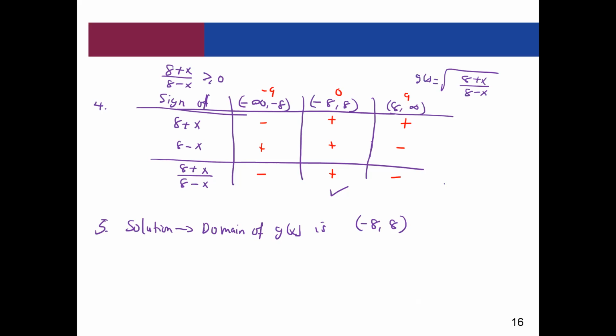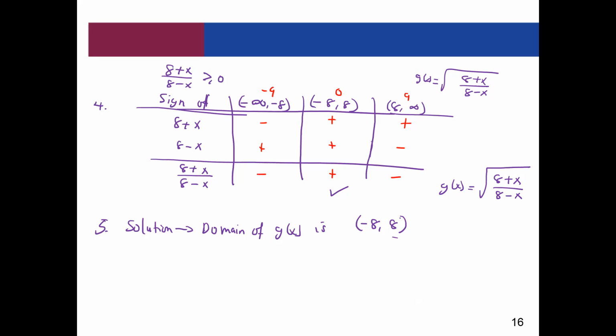Let me write it here. g of x is the square root of (8 plus x) over (8 minus x). You can see that if x is equal to 8, the numerator will be 16 divided by 0, which is not allowed. It's undefined.